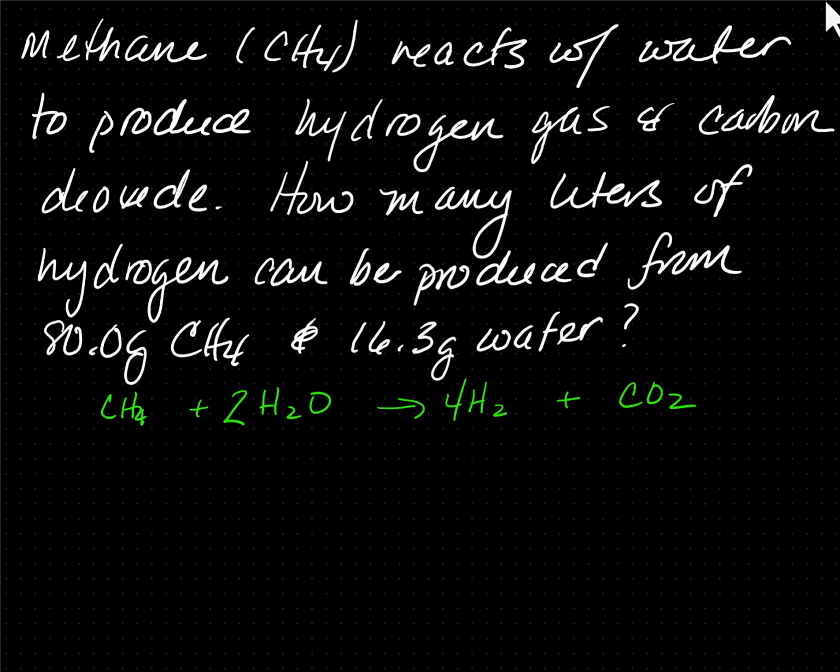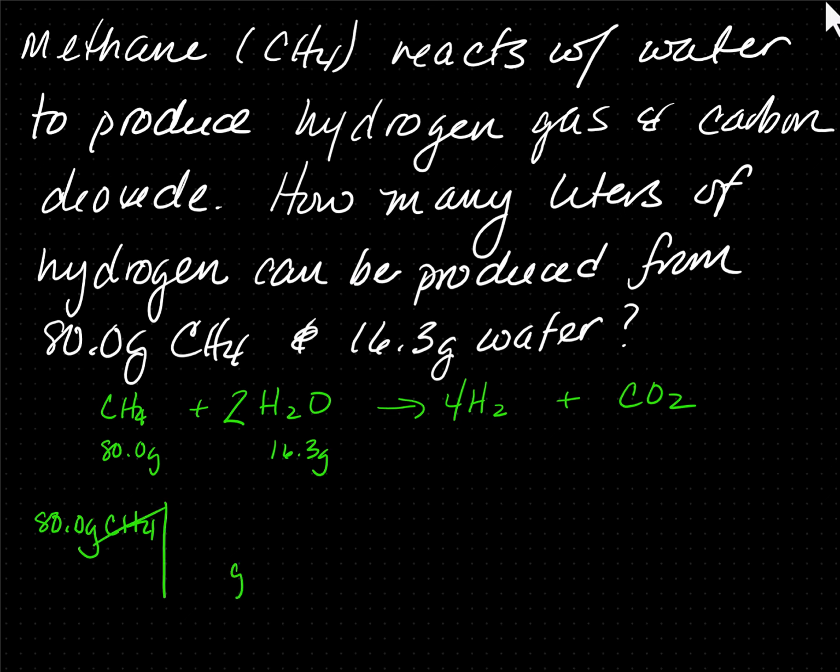So if I look at this problem, it says how many liters can be produced from 80 grams of CH4 and 16.3 grams of water. Since information is given on both reactants, we have to do the stoichiometry twice. So I'm going to start with 80 grams of CH4 methane.